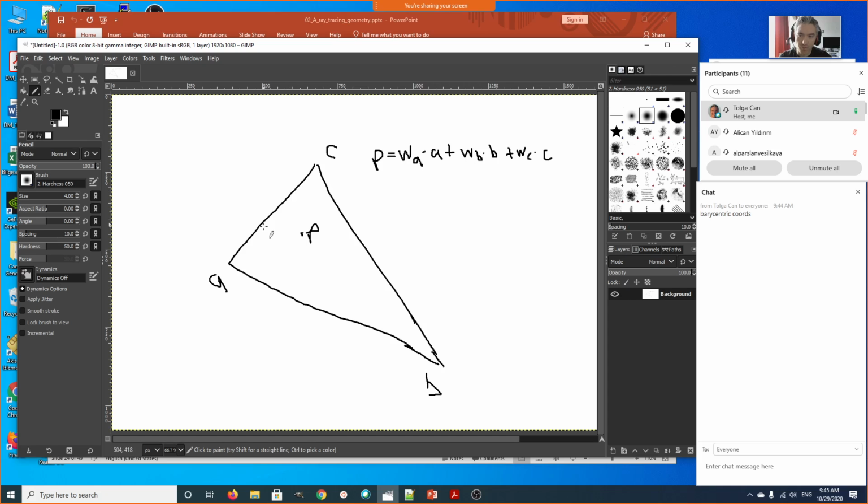All the points are linearly dependent on the corners. They lie on the same plane.